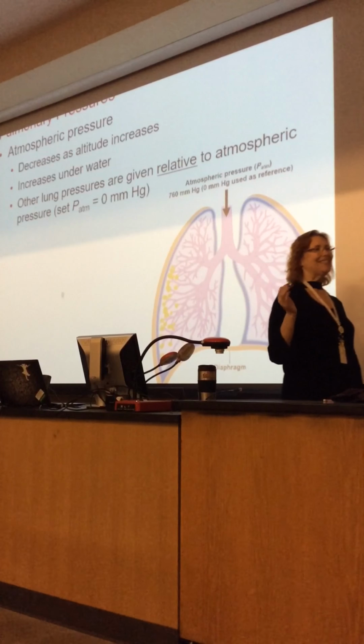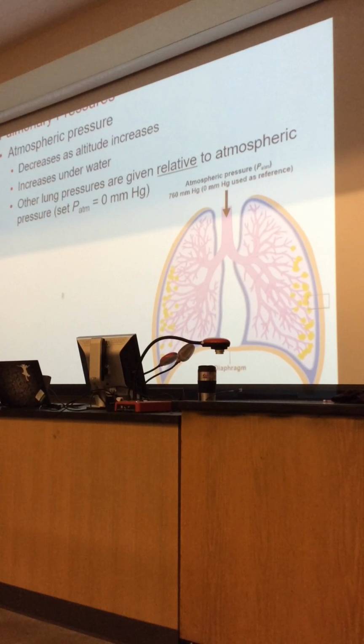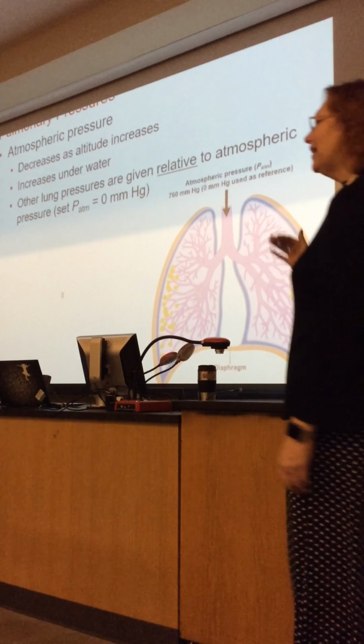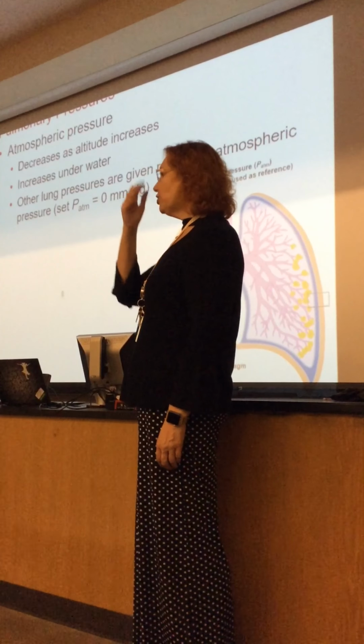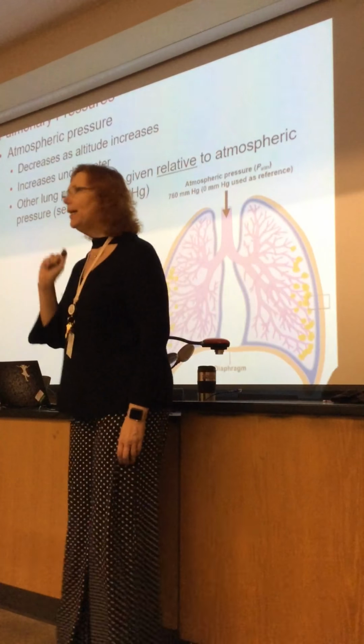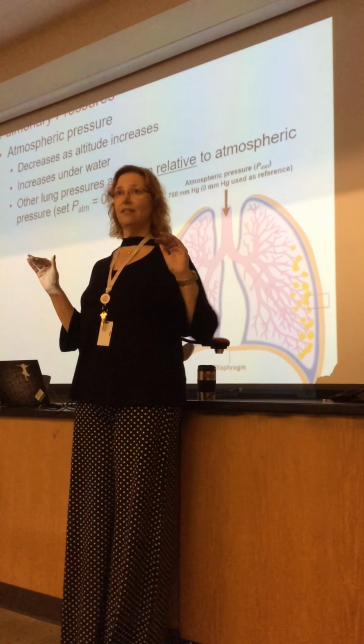So we're going to say that atmospheric pressure is 0. We talked about this once before. We're going to randomly assign it as 0. Think about it like tearing out a balance, right? Whatever pressure is on that balance, you hit tare and it says, okay, whatever this is, 0, right?